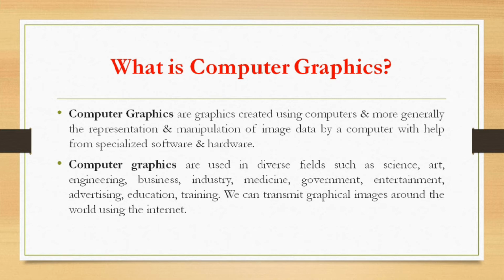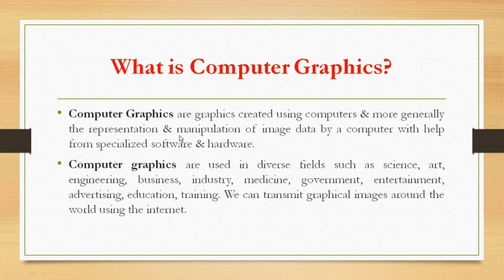Computer graphics are graphics created using computers, and more generally the representation and manipulation of image data by a computer with help from specialized software and hardware. As the name suggests, it is graphics that is created using a computer.